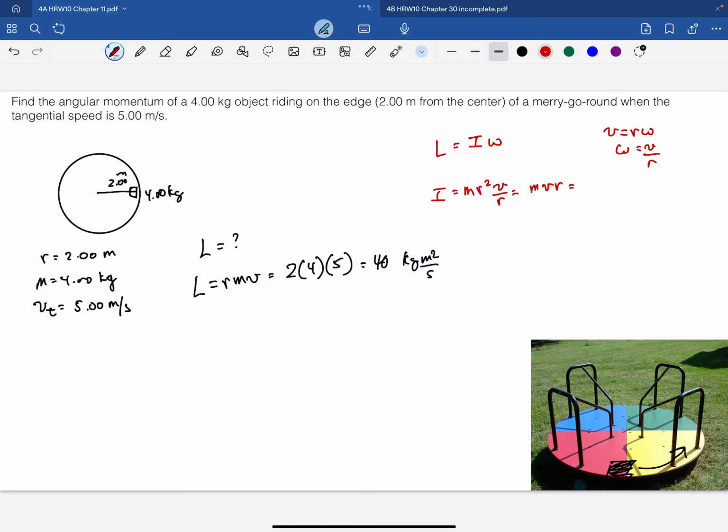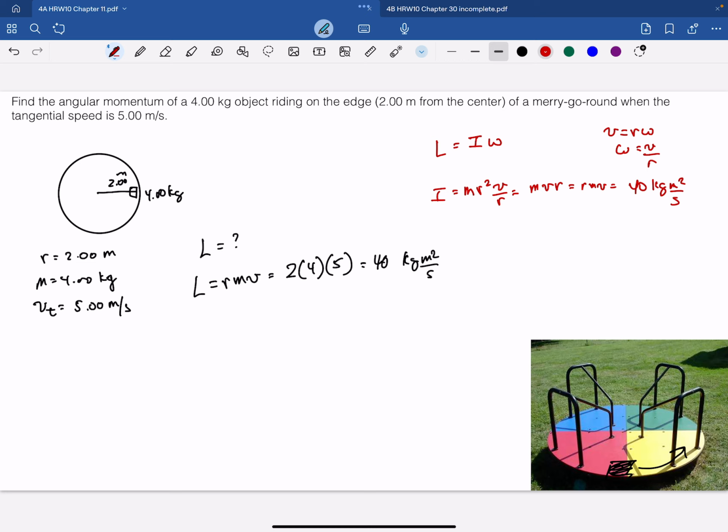We'll do RMV to make it look the same. And then I put in all the same numbers, and I still get 40. So whichever way you want to approach a problem, whether you use I omega or you use R cross P, if you apply them correctly, you're going to get the same answer.